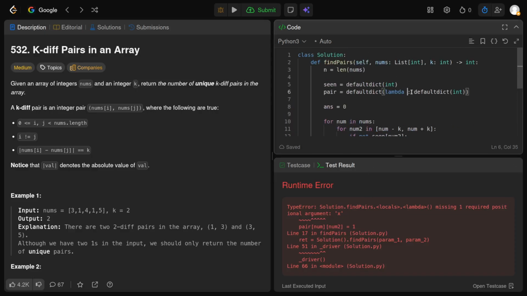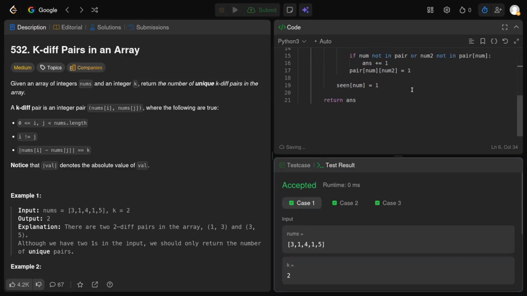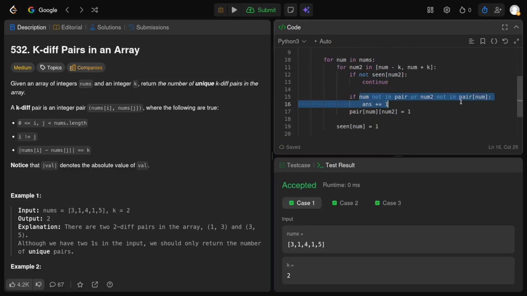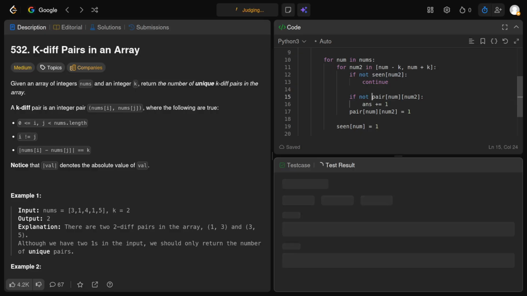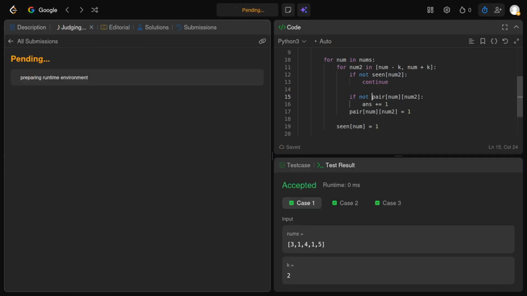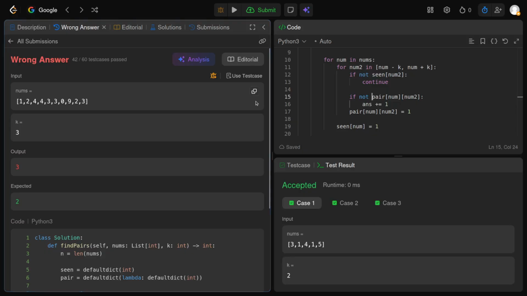Yeah, there should be no positional argument, and therefore this should work. So if pair num2, okay. Wrong answer again. What the hell?